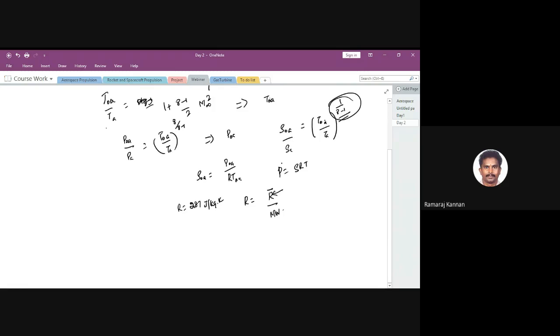Even in the last class I reiterated that these are basic things you are going to apply, but the main thing is the speed of sound, A infinity, equal to the square root of gamma R T infinity. Here, use the gamma value for the particular medium, whether it is diatomic, monoatomic or triatomic.